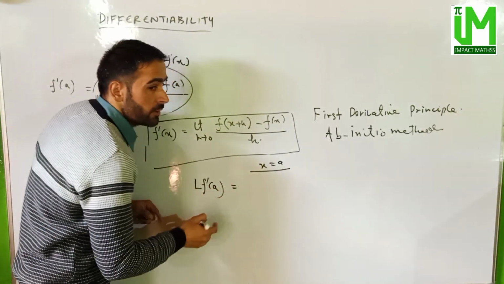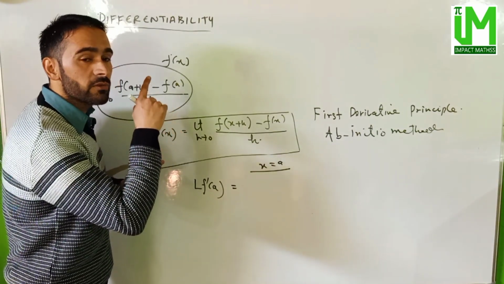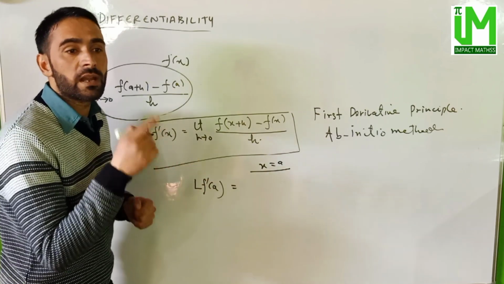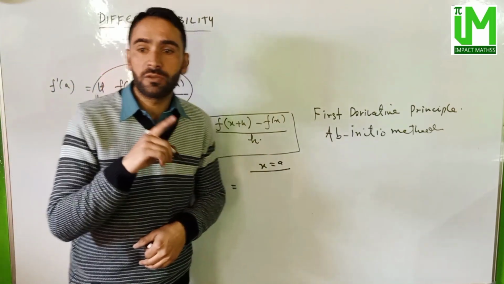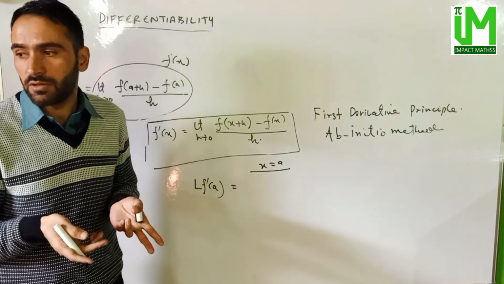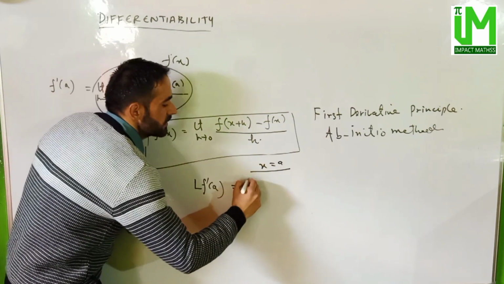When computing the left hand limit we were putting x is equal to A minus h, and when computing the right hand limit we were taking x is equal to A plus h. Exactly in a similar way we calculate here.